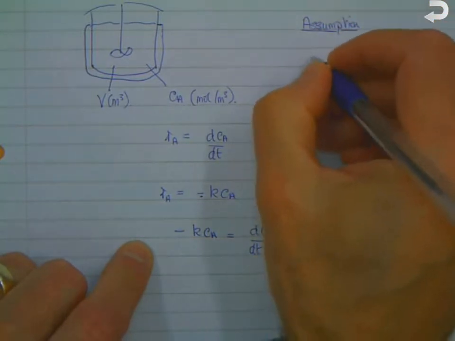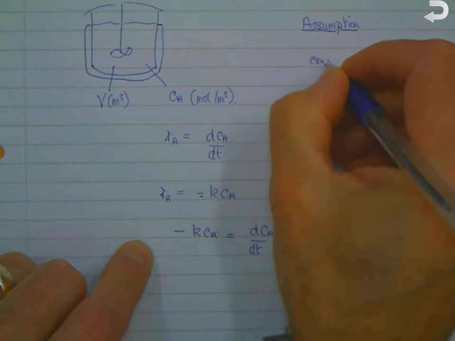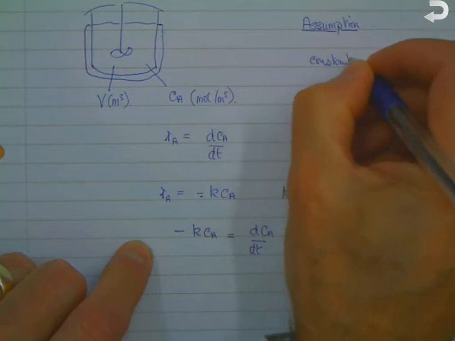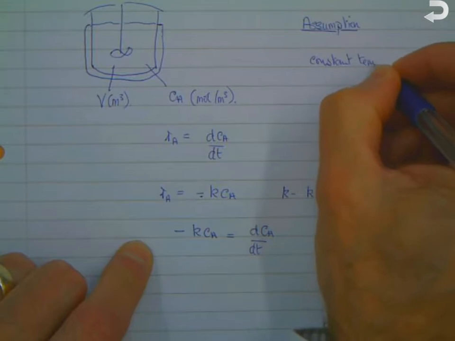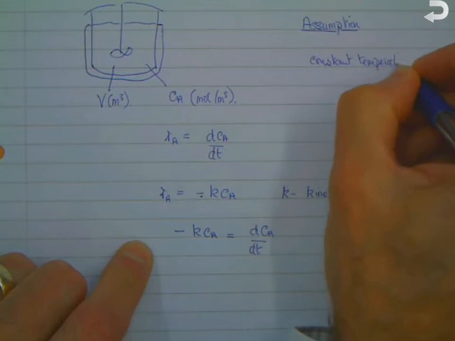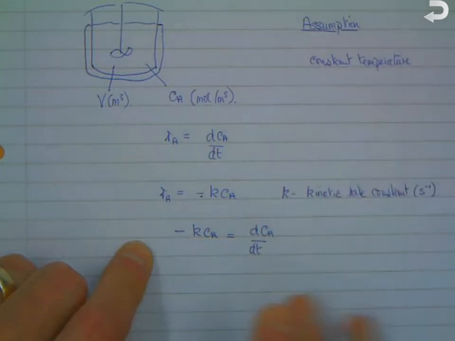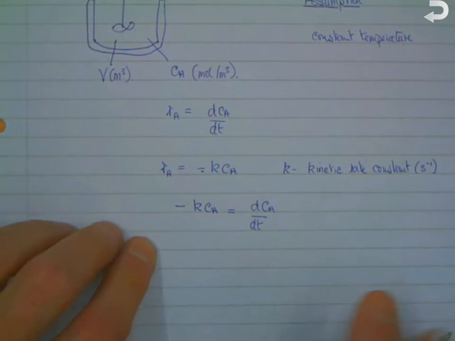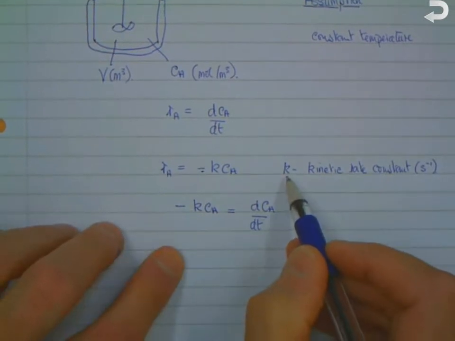And that is that we've got constant temperature, or at least that the temperature is close enough to constant that our value of K can be assumed to be a constant.